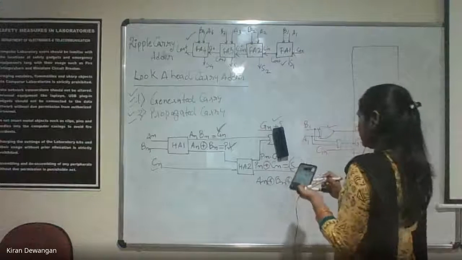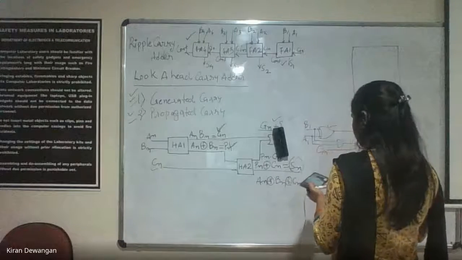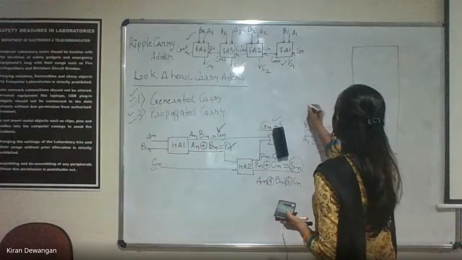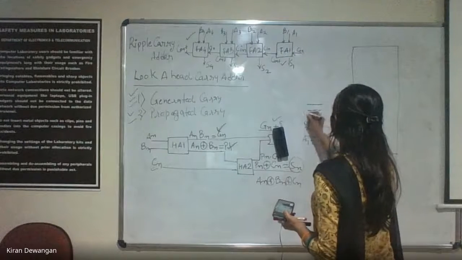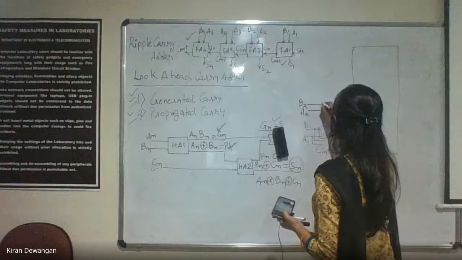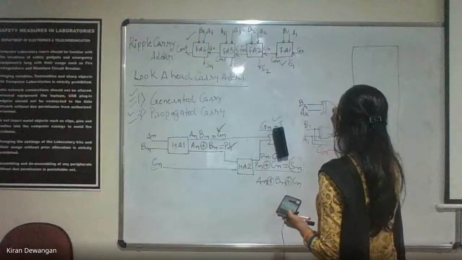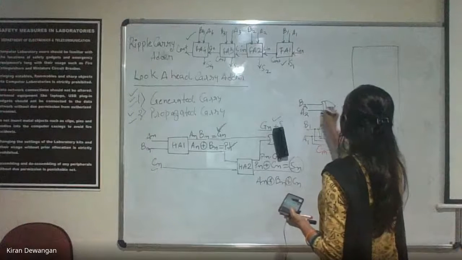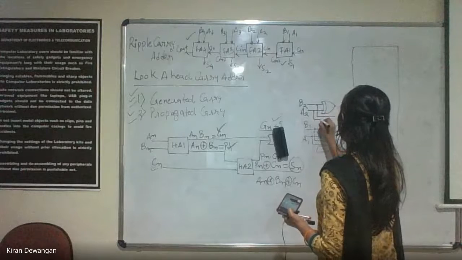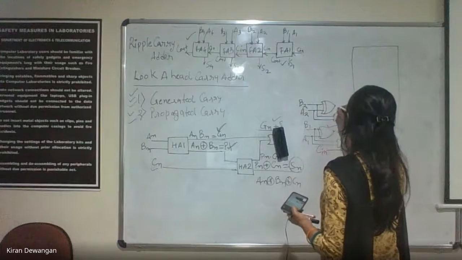Now here I will give A2 and B2 to the second XOR gate, and I'll have two outputs.